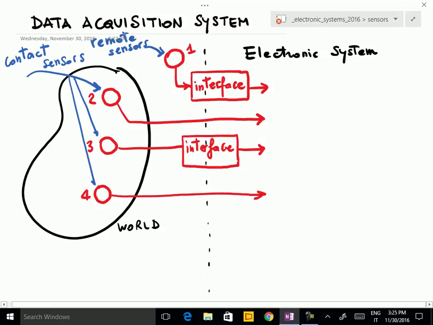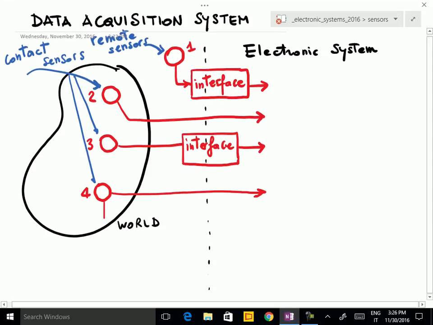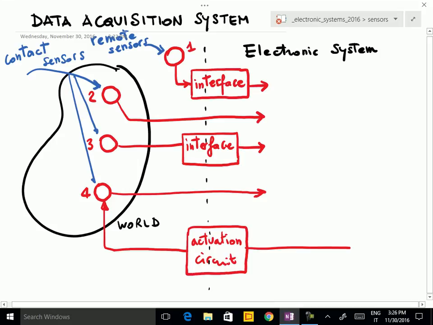For example, some of these sensors can be passive, some can be active. If this 4 is an active sensor, we have some actuation circuit which simply provides the energy to activate the sensor, in this direction.